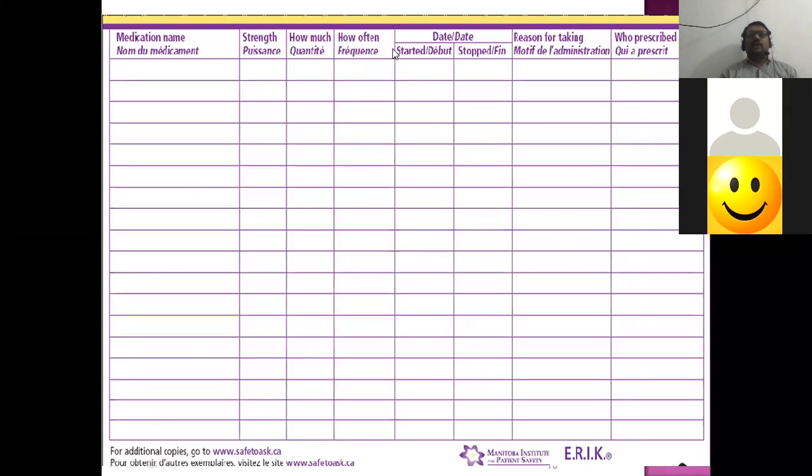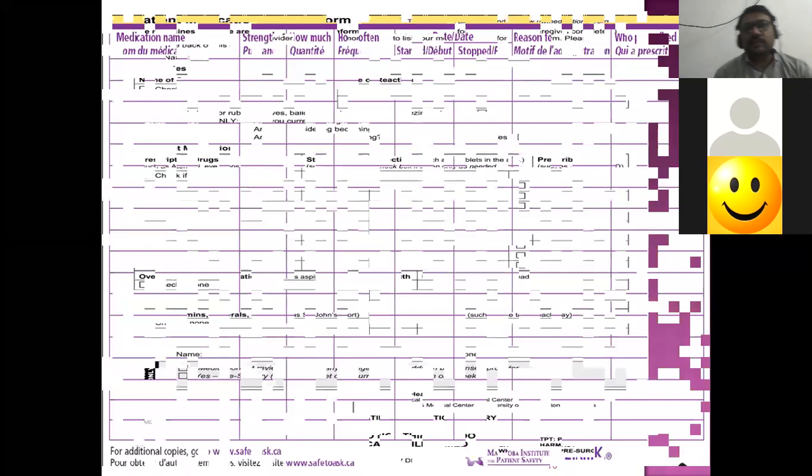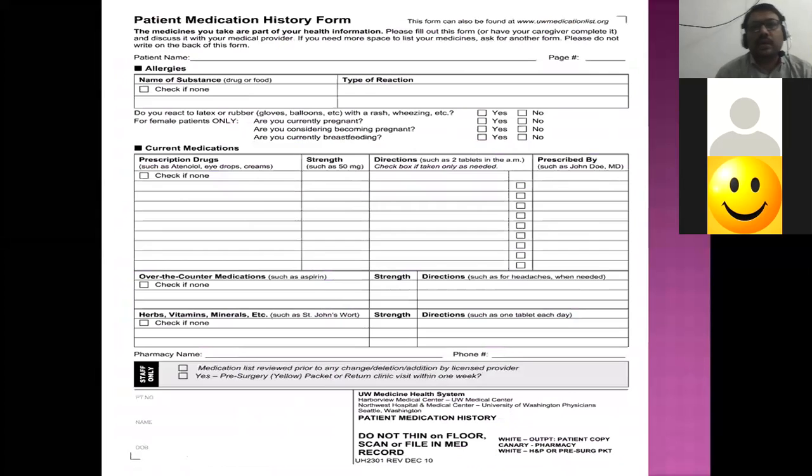Write in this format the started date and stopped date of the drug, the reason for taking it, and who the prescriber is. This is a general format where medications are taken as per the guidelines of physicians. And this is a complete medication history form.